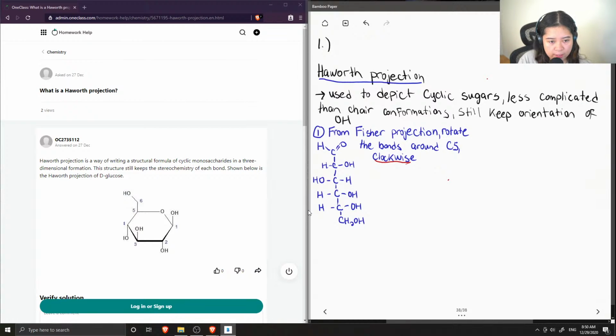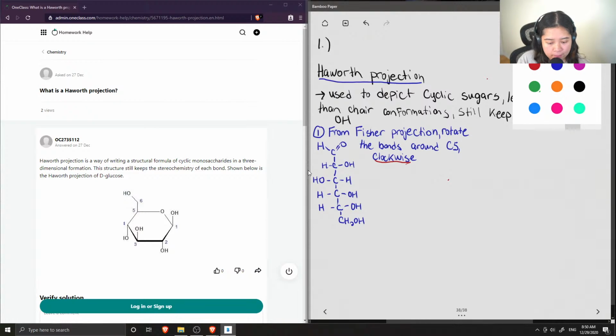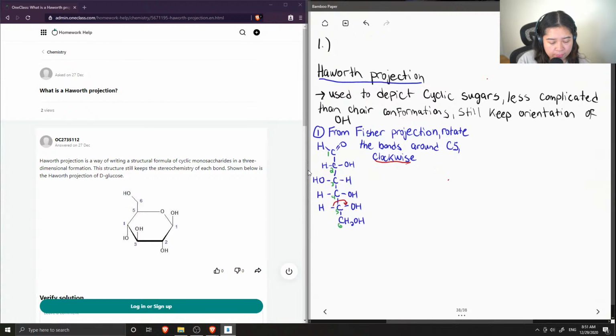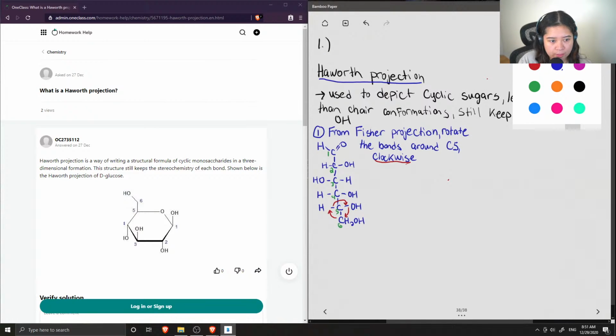So first, let's number them. So the carbon with the aldehyde group will be carbon 1. And then I'll just number them going down. So carbon 5 is right here. And I'm just going to rotate all of the functional groups on carbon 5 in a clockwise manner. And then I will write what the product looks like.